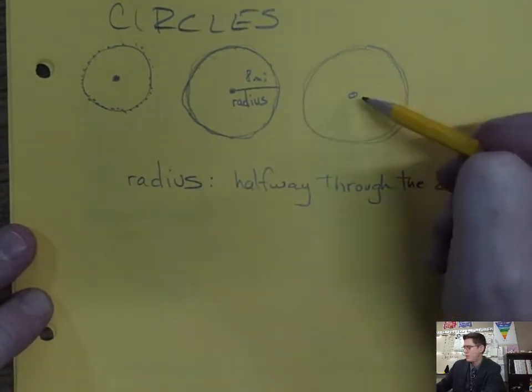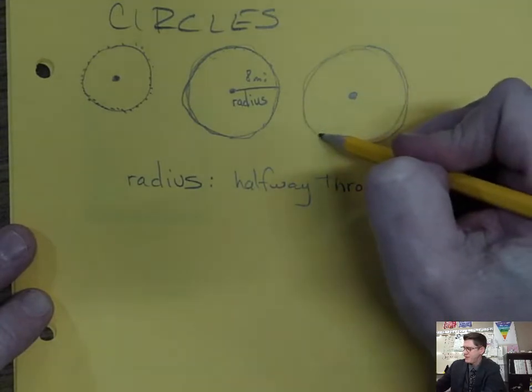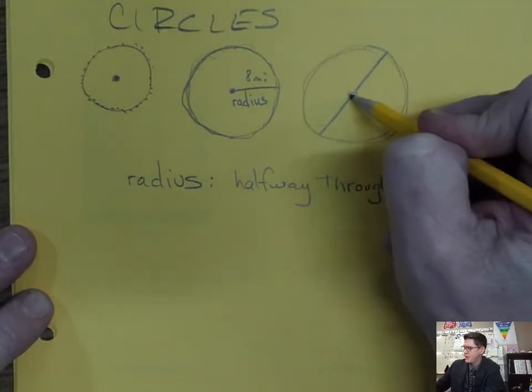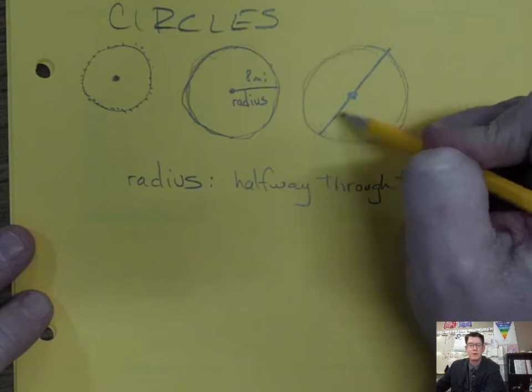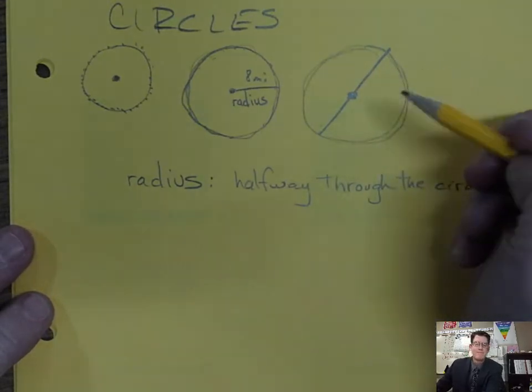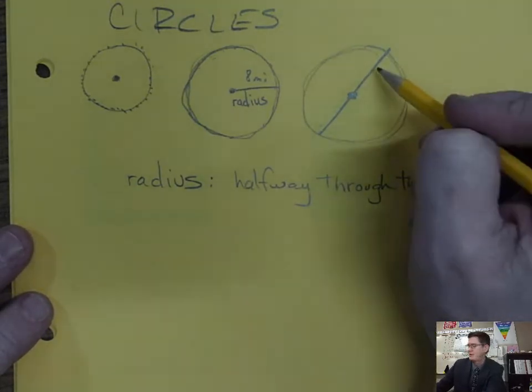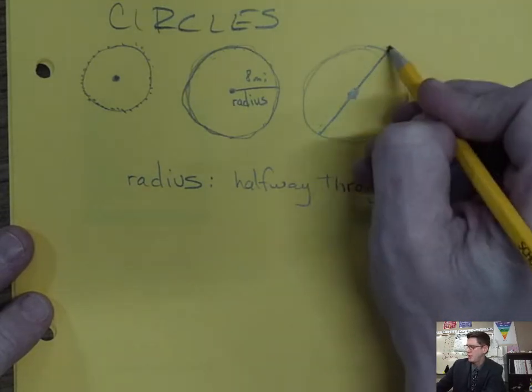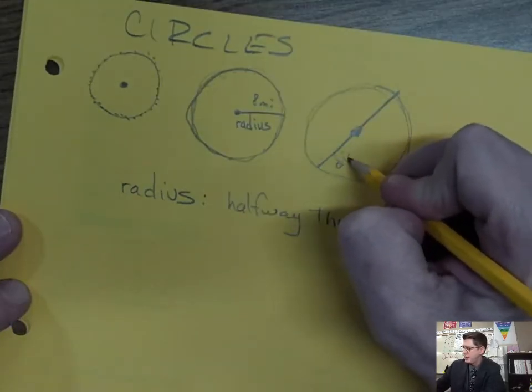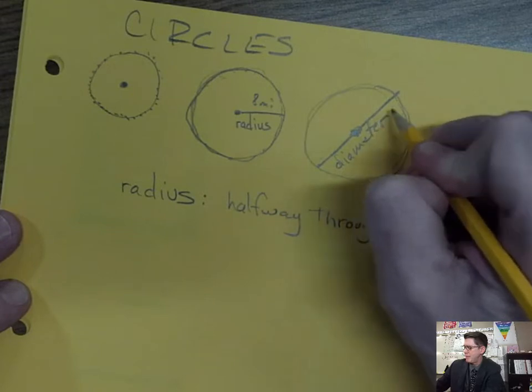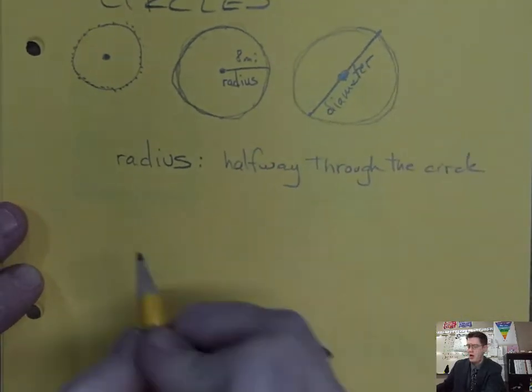And there we are. Well, what if I have the distance from the center to both sides right there? Not a Pokemon ball, it's not a sphere, it's just a circle. What is that distance? Well, that one is called the diameter, all the way across.